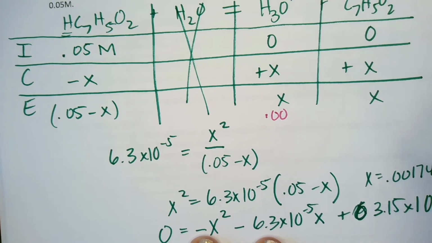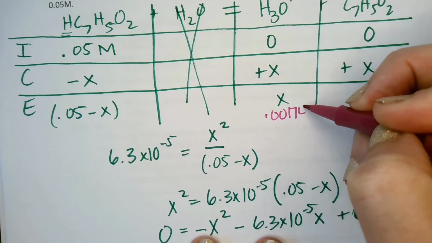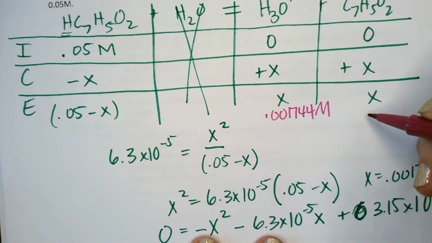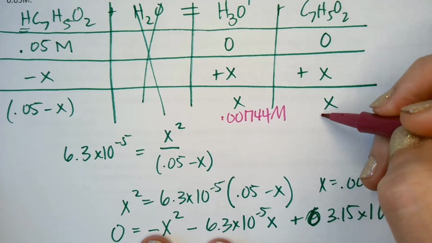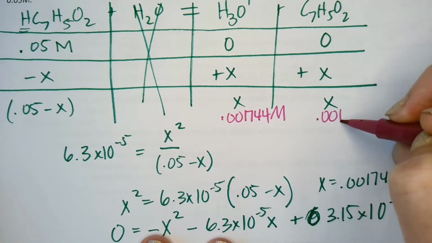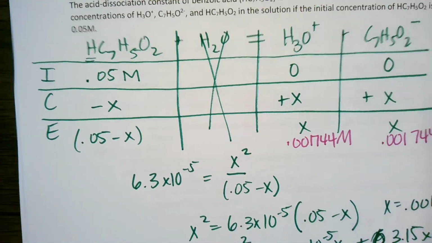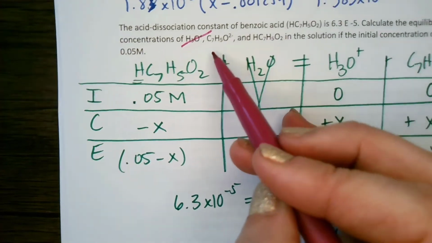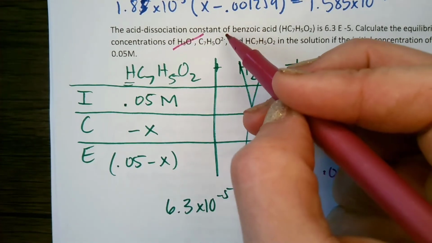So let's write this down. 0.001744 for our H3O+, same with our C7H5O2 minus, so that is our equilibrium concentration for H3O+.